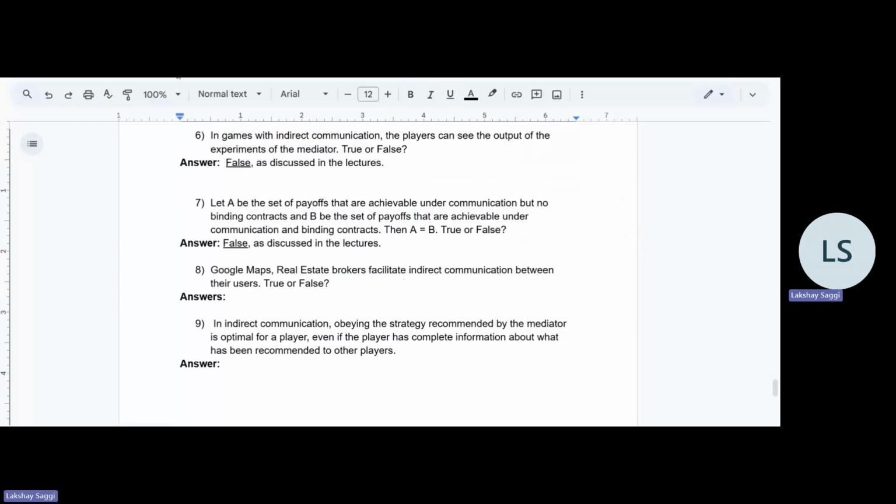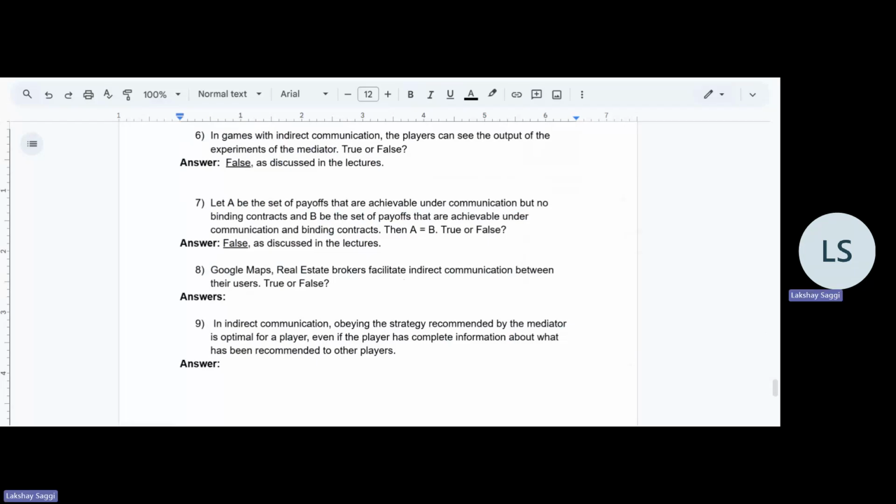This statement is true, because Google Maps acts as a mediator and hence forms indirect communication between different people using it. Everyone is just being told what they have to do, but we don't know what others following the same road are being told. Are others also being told to follow the same road or some other road?